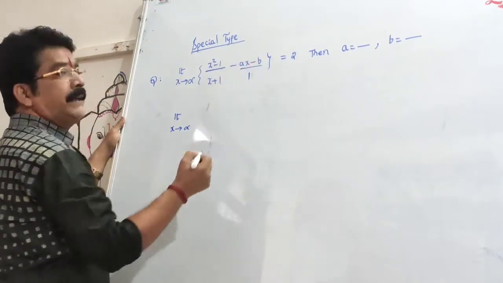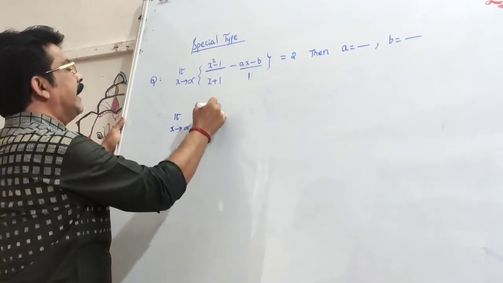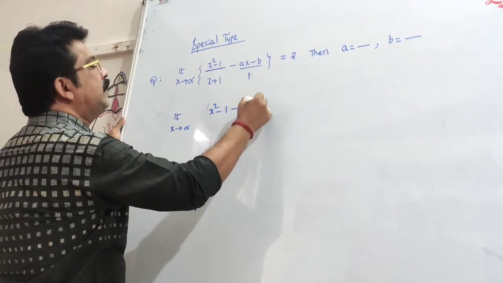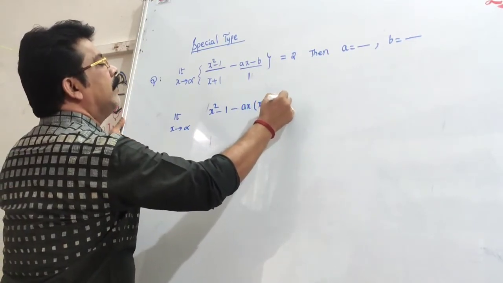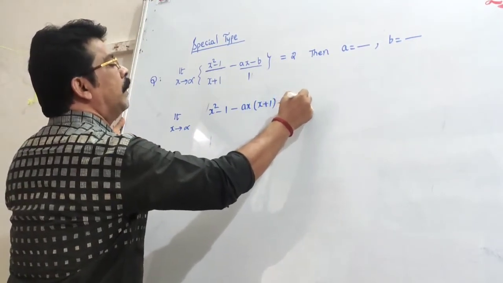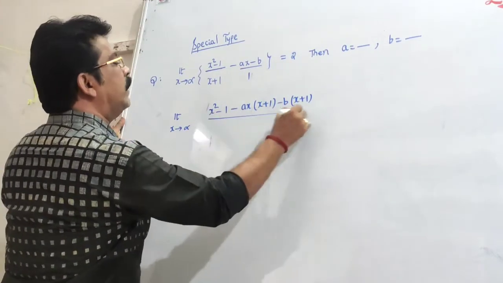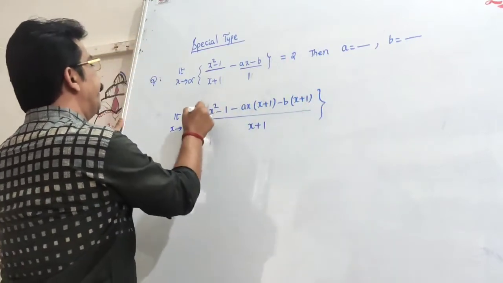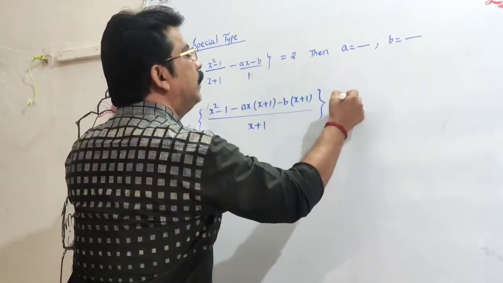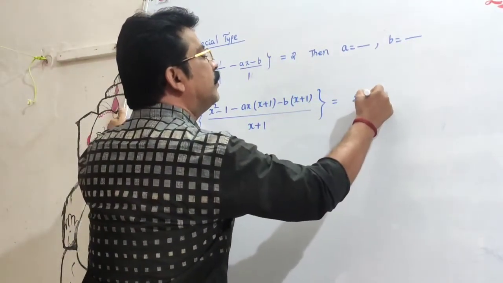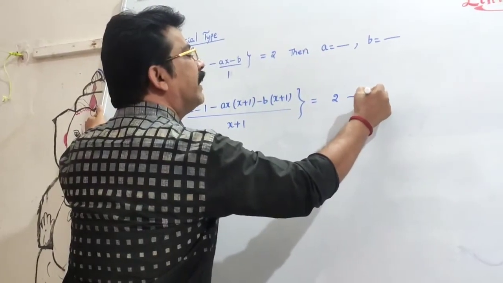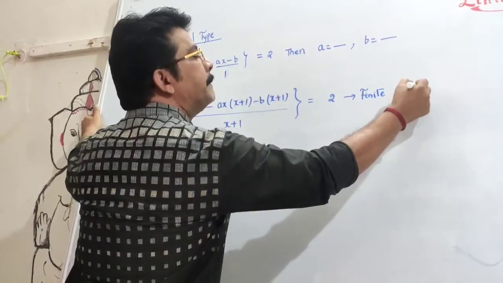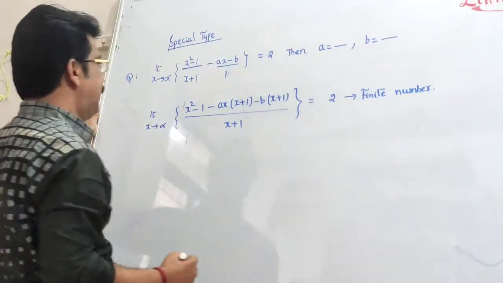First we will take LCM. x square minus 1 minus ax into x plus 1 minus b into x plus 1, whole divided by x plus 1. So that is equal to 2. Of course, it is the finite number.